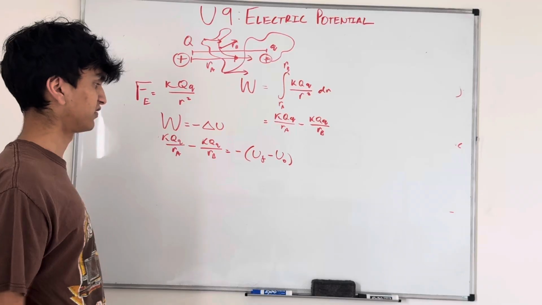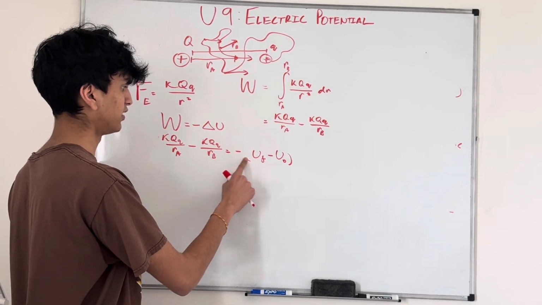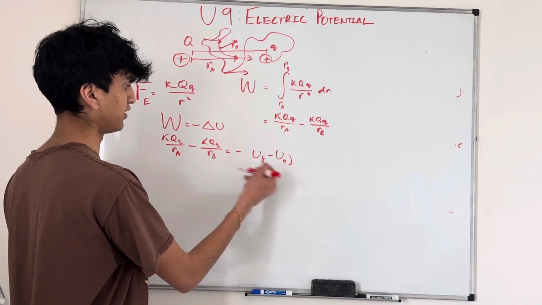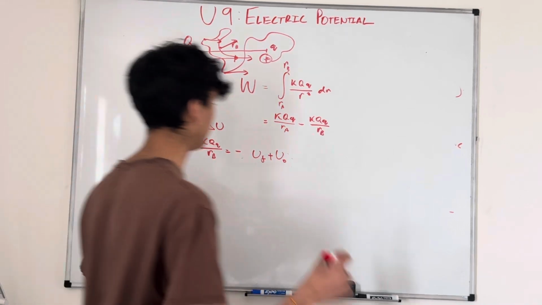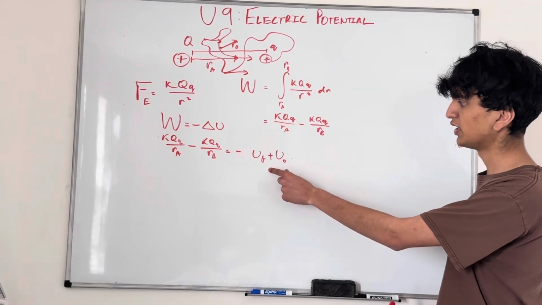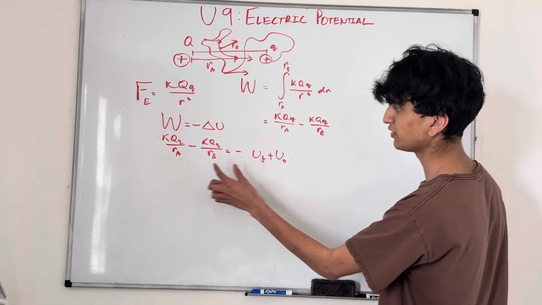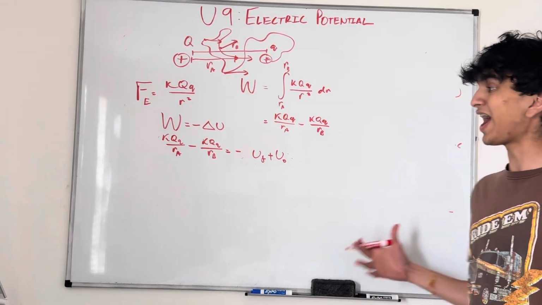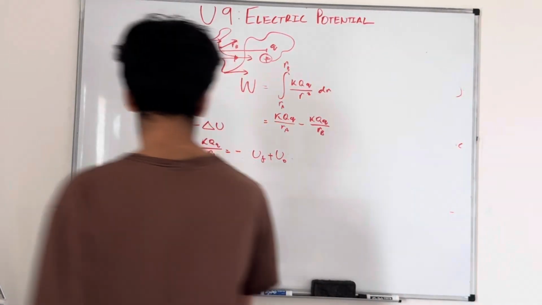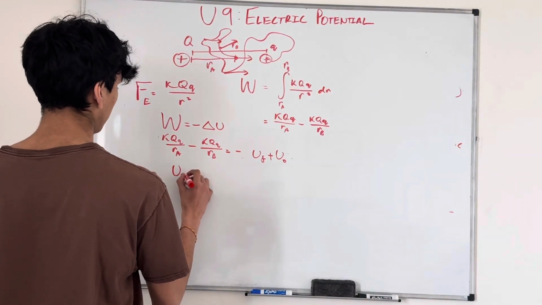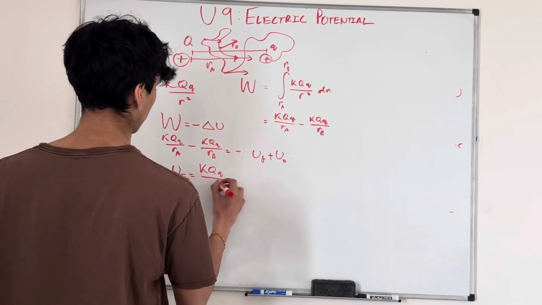What I'm really showing is that when you distribute the negative, you have negative U final, and then the negative times the negative equals plus. This positive U initial is really just the positive term right here, and negative U final is just the negative term right there. So I derived that the electric potential energy at any point will just equal kQq over r.